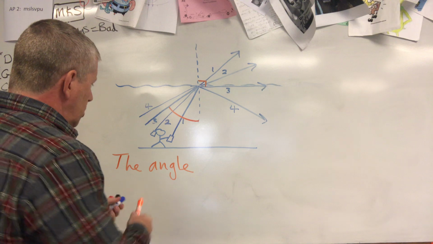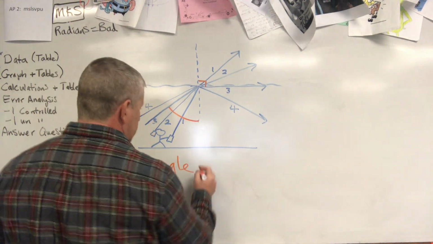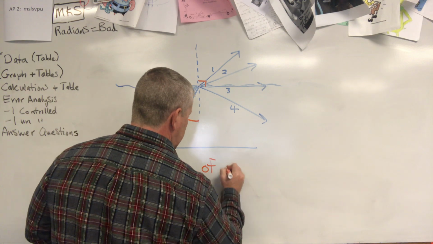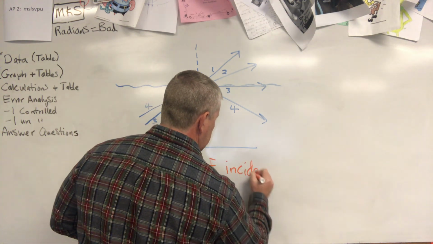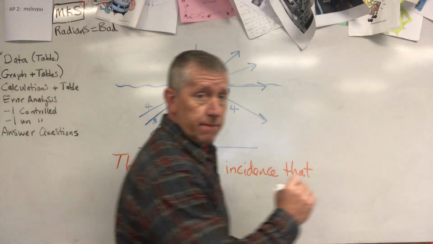Yeah, so I'm using some sweet colored markers here. Got orange. The angle of incidence that causes, are we still in view here? Yeah.